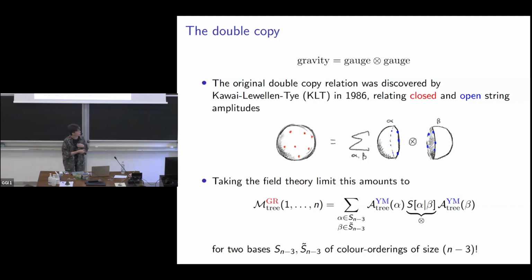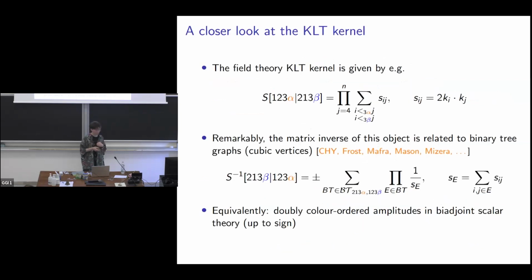In principle, you can use two different bases for these kinds of decompositions, but they have to be of size (n-3) factorial. Something very cool about this KLT kernel is, let's say we take a basis like this, then you can write it in this form, where the sum means we sum over all Mandelstam variables s_ij such that i is less than j in both the orderings alpha and beta.